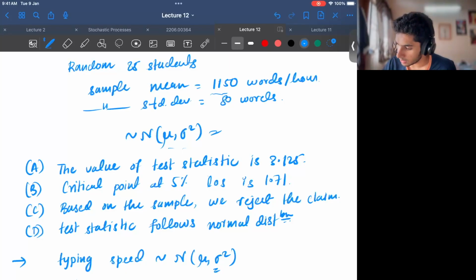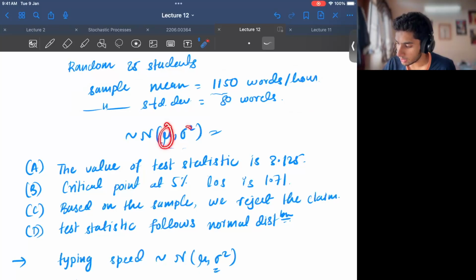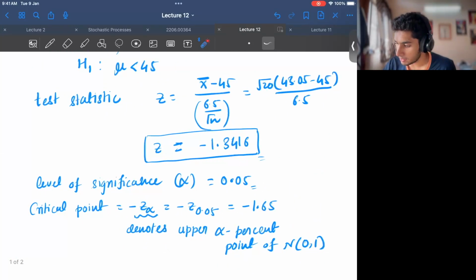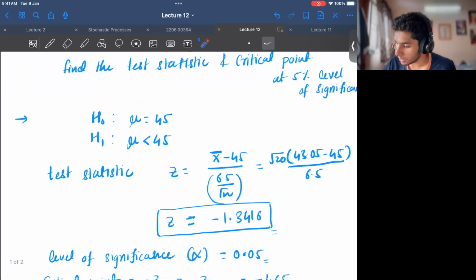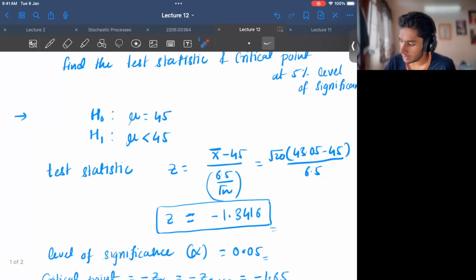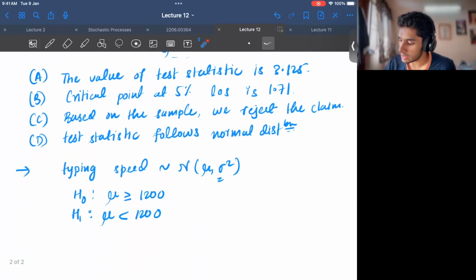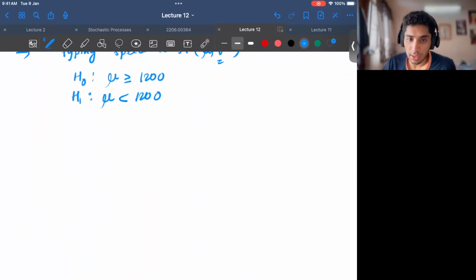Whatever you see from the sample is called sample mean and sample standard deviation, and these mu and sigma square are population mean and population variance. In the previous problem, it was given to you that the population variance is 6.5 square. It was known to you, hence the test statistic that we used was this one. However, in this case, the population variance is unknown. When your population variance is unknown, what is the test statistic?